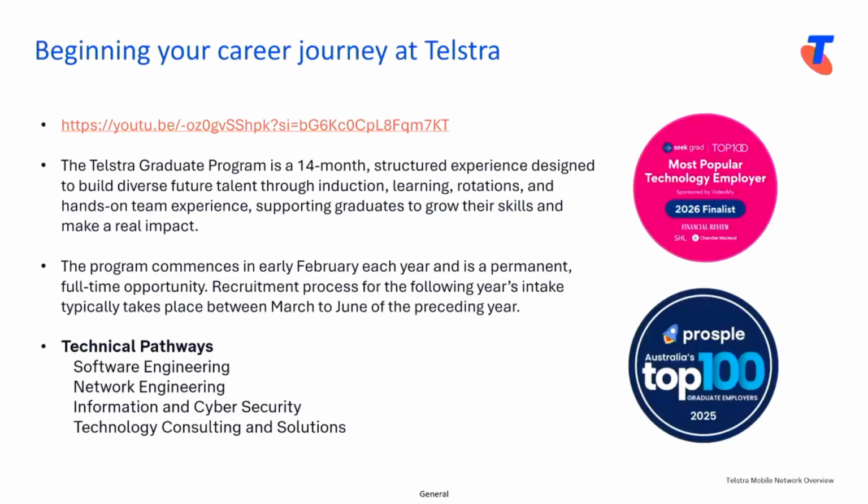There are actually a lot of pathways in Telstra, but in terms of technical pathways, these are the ones that have been advertised for 2027: software engineering, network engineering, information cyber security, and technology consulting and solution. And that obviously changes every year. So you can get all this information on the website if you're interested, and get in touch as well.